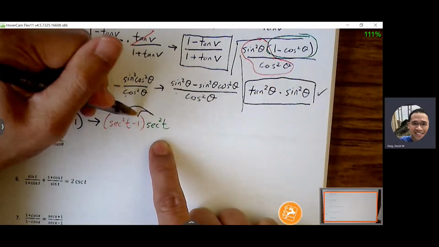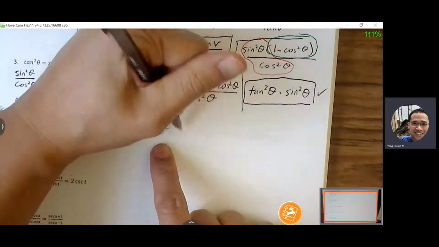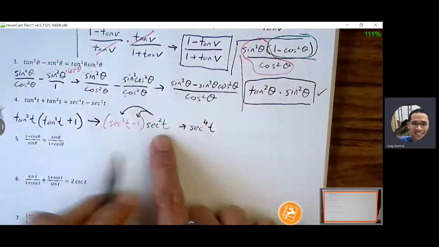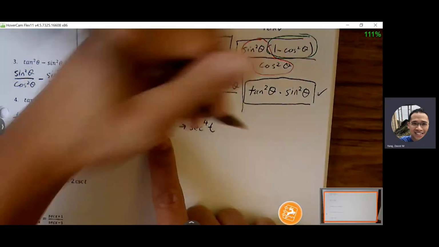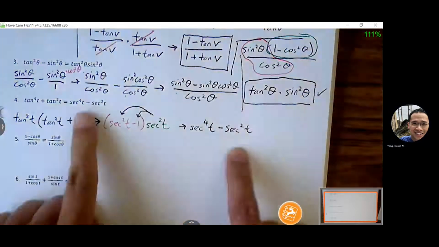Distribute. Let's see what happens. Distribute the secant squared through. Secant squared times secant squared is secant to the fourth. Secant squared times negative 1 is minus secant squared. There we have it.